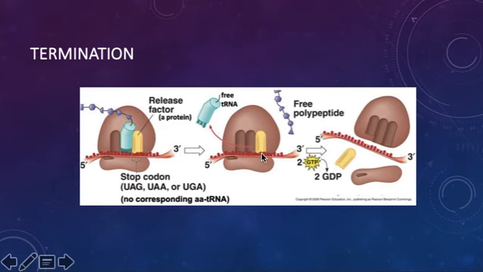Then the stop codon is identified, right? So the GTP gets converted to GDP. The free polypeptide is also released. Then the mRNA is released along with the 60S ribosome and the 40S ribosome, and the releasing factor is also released, right? So this is the process of termination.